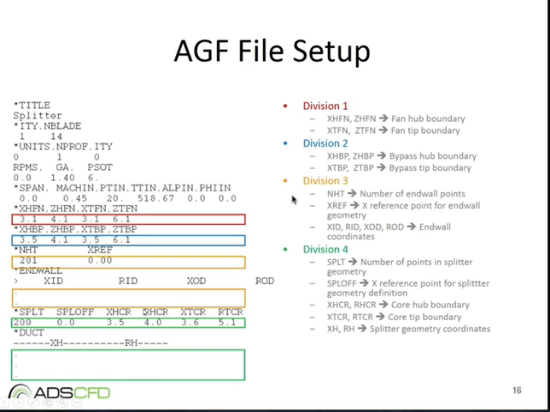So we have our x and r location for the core hub, and then our x and r location for the core tip. Finally, once we have that entered, we enter our definition for the duct geometry: an x and r location for each point we specified earlier.